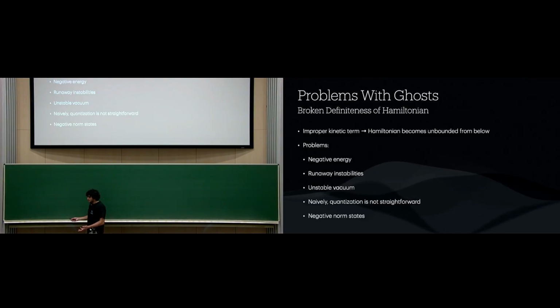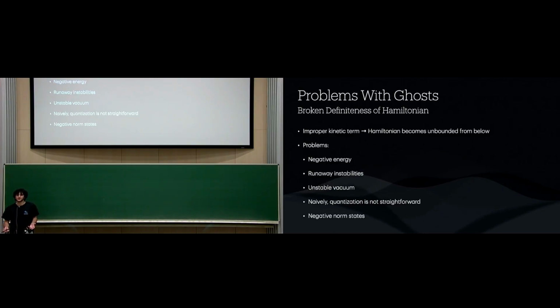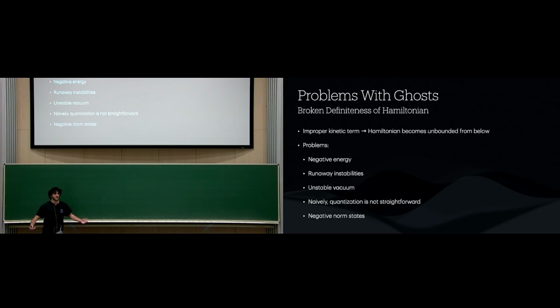Furthermore, your vacuum state is not well defined anymore. We don't have a lower limit to the energies of our system. So if you have a classical potential that's a saddle, and you place a marble in the middle, that guy's just going to roll down. There's nothing preventing it from doing so.